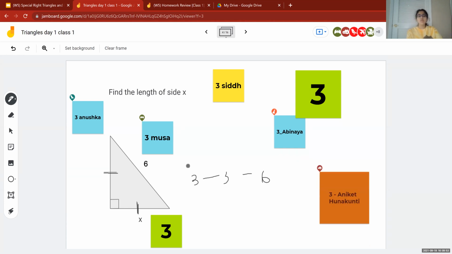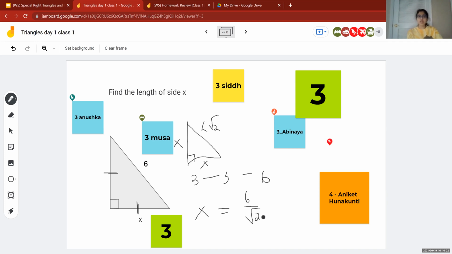So remember, when we have a 45, 45, 90-degree triangle, you have x, and then you have x radical 2. So we would get x radical 2 is equal to 6. So you would get x is equal to 6 over radical 2. However, you can't leave radicals in the denominator, because it would be considered unsimplified.